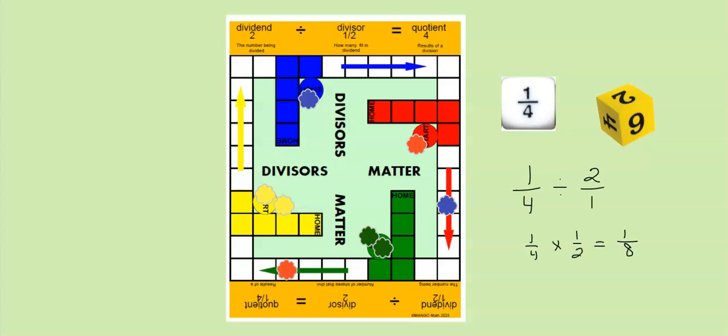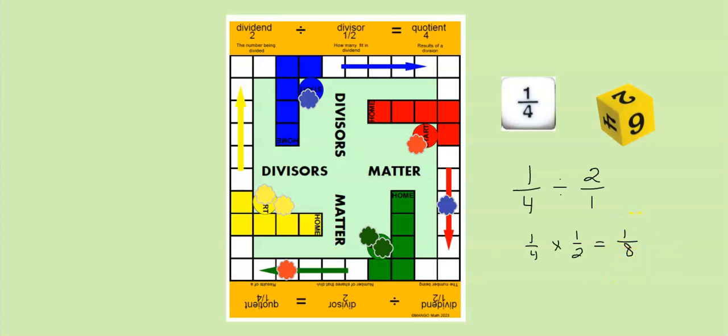Now, students can be very strategic in this game, in which if you are going to roll the dice and you know you're going to get a smaller fractional amount, you can go backwards. So for example, I rolled 1/4 divided by 2, which becomes 1/4 times 1/2 equals 1/8.